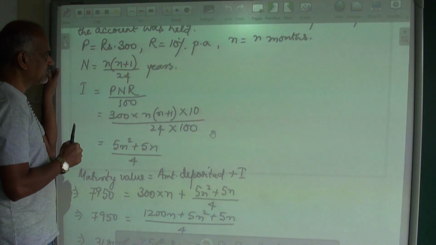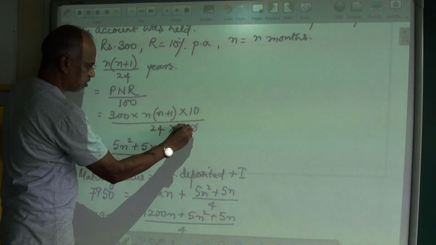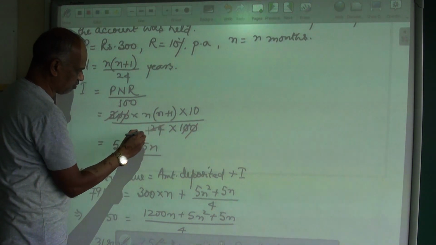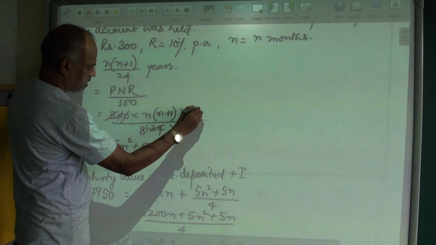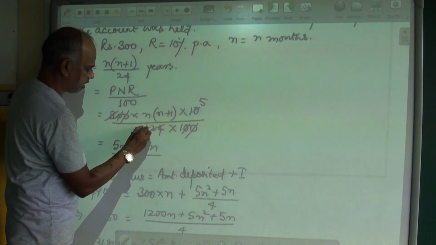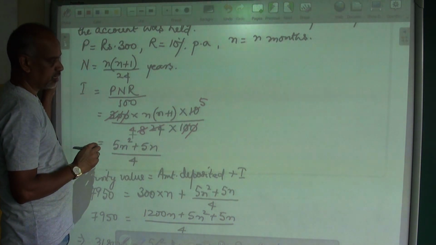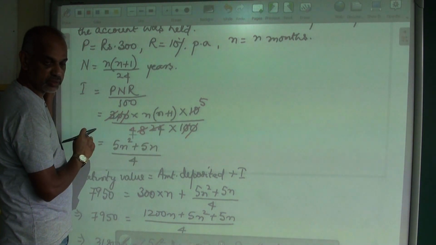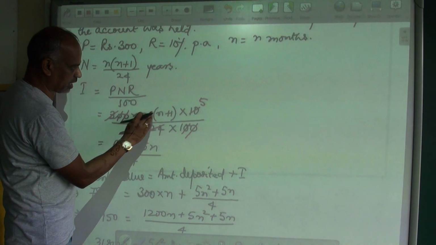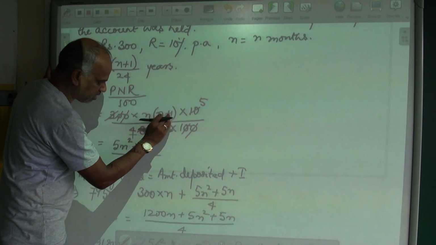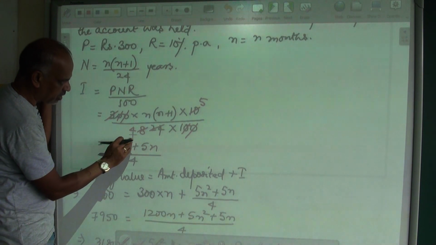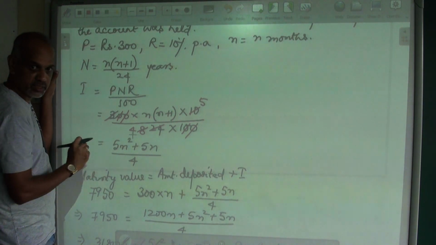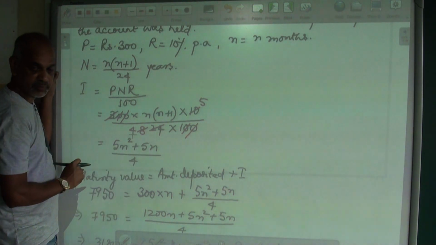To simplify, cancel the two zeros, and 3 and 24 cancel, that will go 8 times, 10 goes 5 times, and 8 goes 4 times. So you have 5 into n plus 1 divided by 4. Multiply 5n inside: 5n squared plus 5n, divided by 4 is your interest, all in terms of small n.